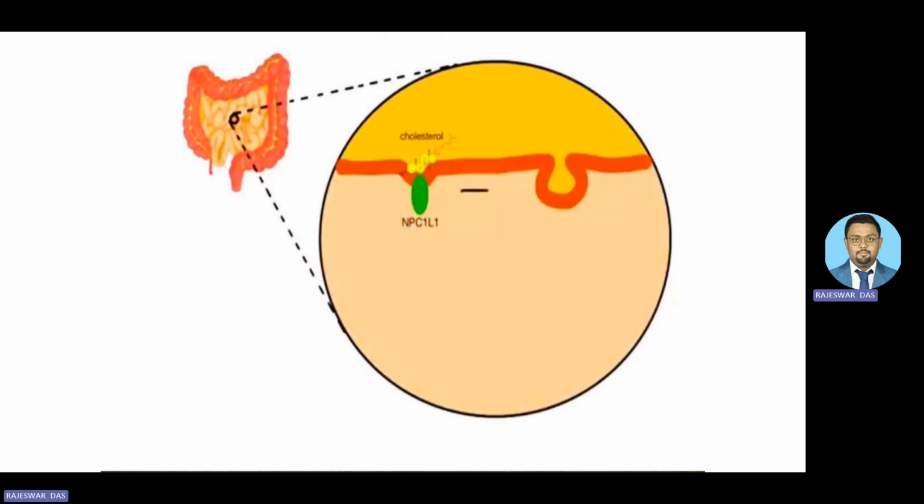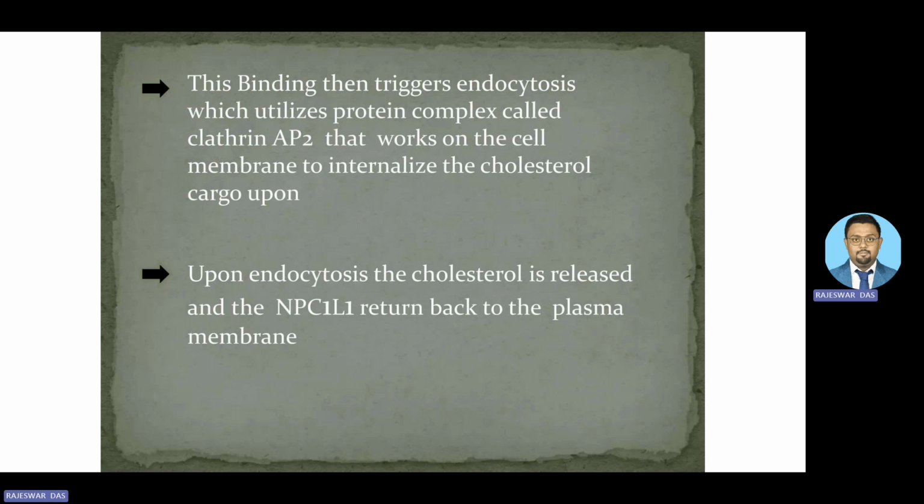This is the picture, and this is the protein located in the intestinal plasma membrane, called NPC1L1, and the free cholesterol moves in. The binding then triggers endocytosis, utilizing the protein complex clathrin AP2, which works on the cell membrane to internalize the cholesterol cargo.